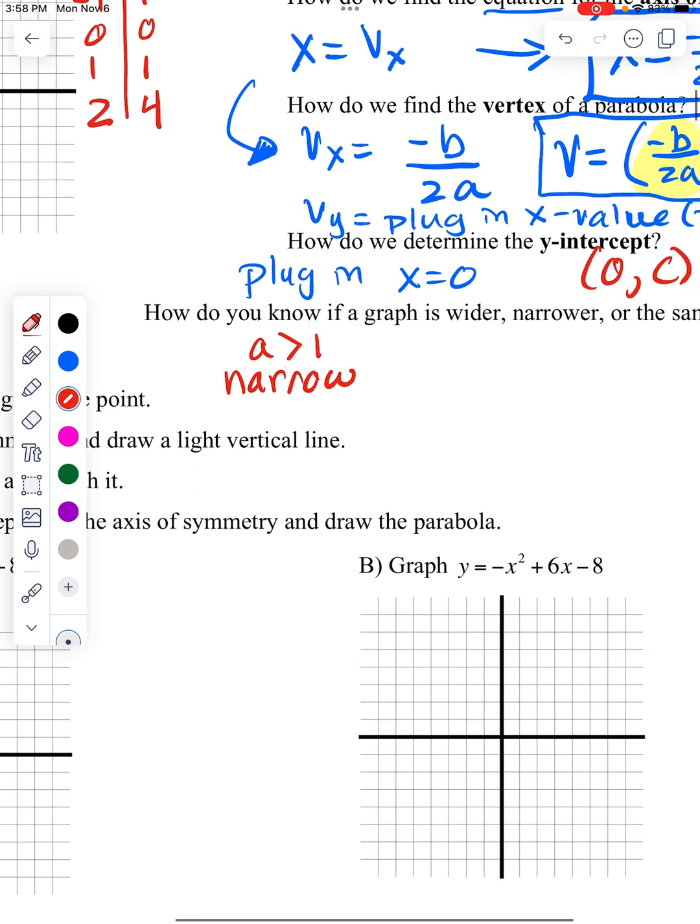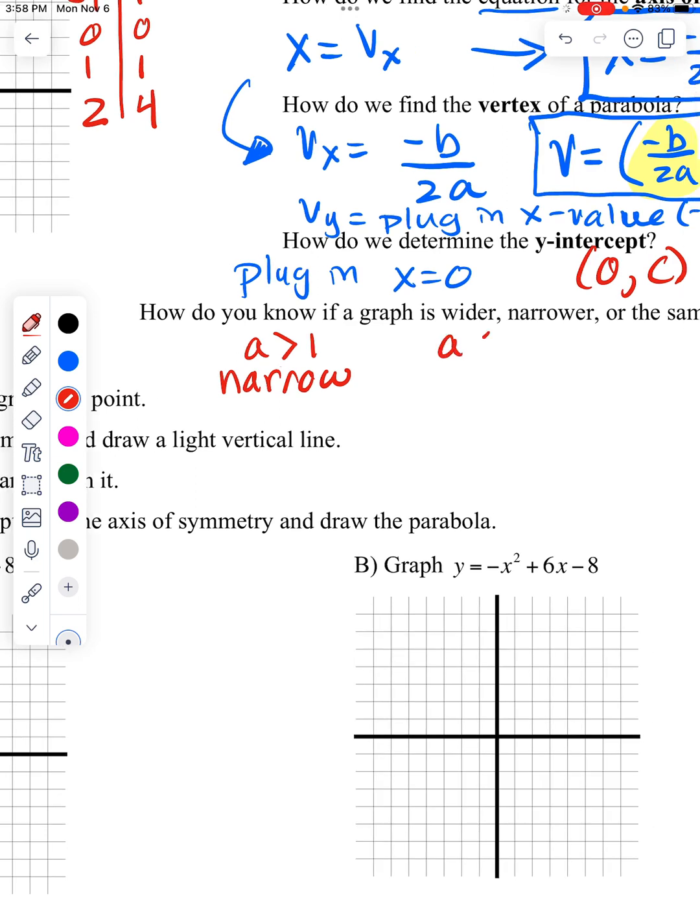Whereas if I have an a value that's less than 1, and I'm not talking about -2. -2 is technically less than 1, but I'm talking about the absolute value of that, not whether it's positive or negative, just the value of the number itself. So when that number is less than 1, so say like 2/3 or a half, then that is going to make this wider because it is less steep.